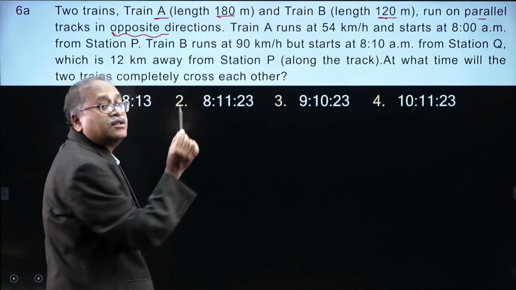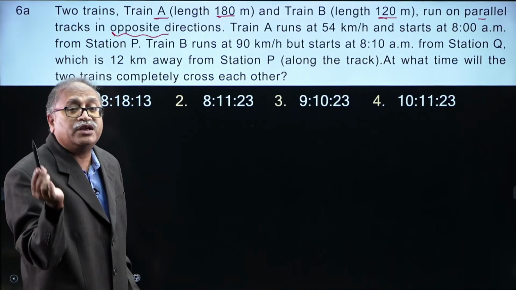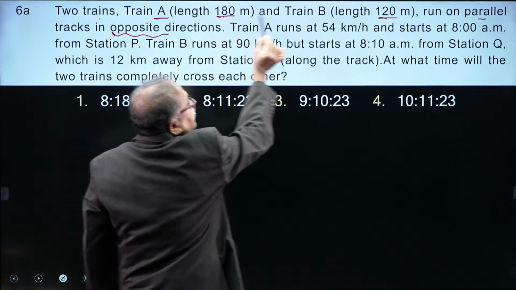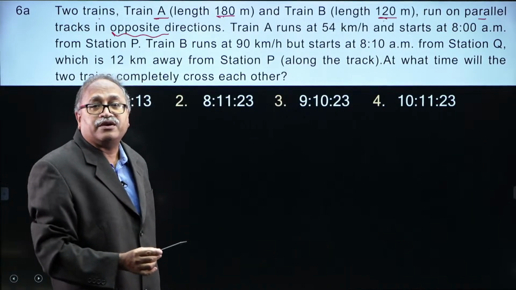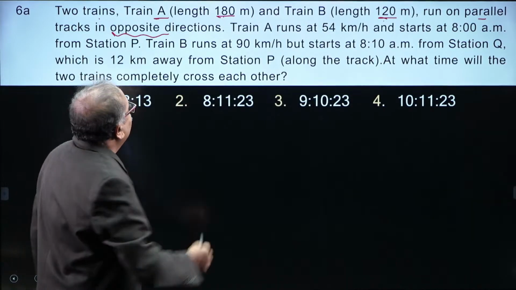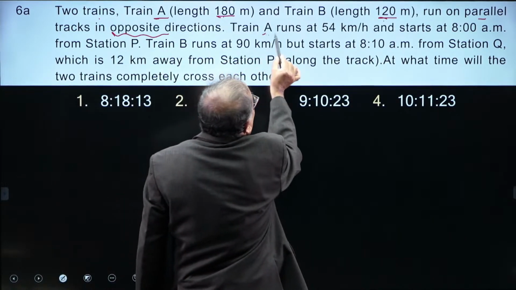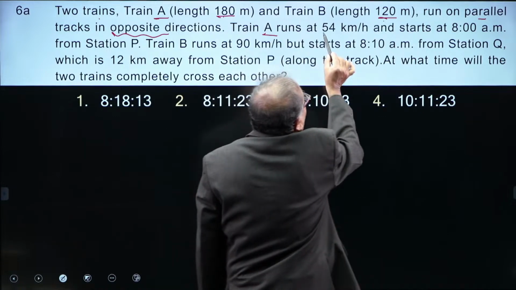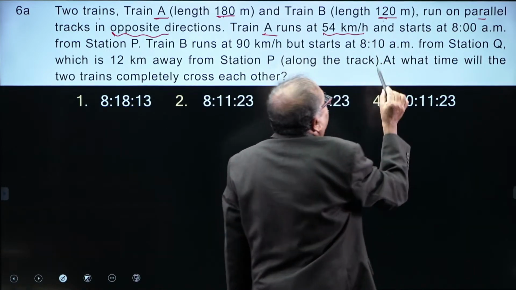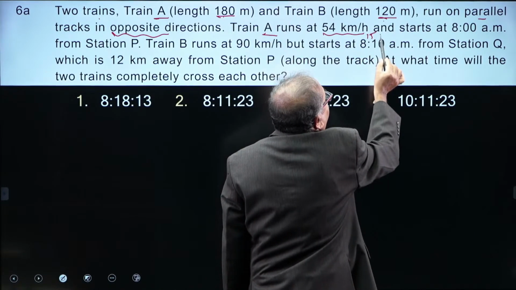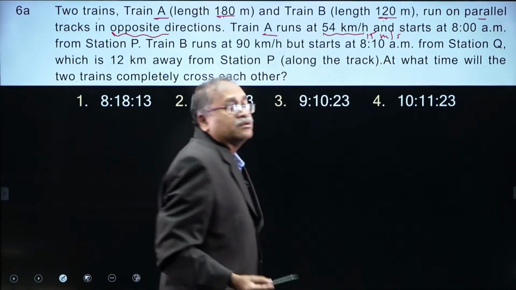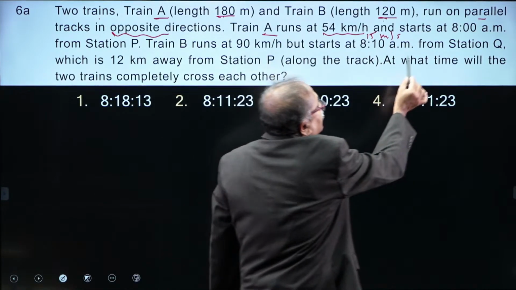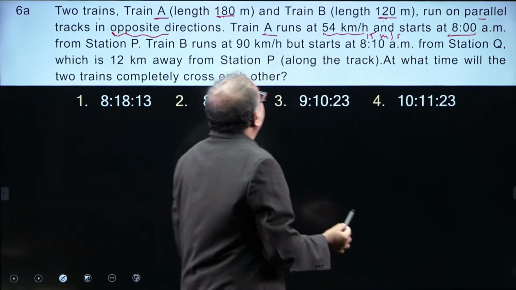So, that concept applies if they are crossing each other. Coming to that, train A runs at 54 km per hour. Can I write down directly 15 meter per second?